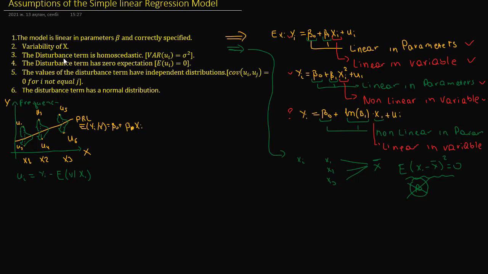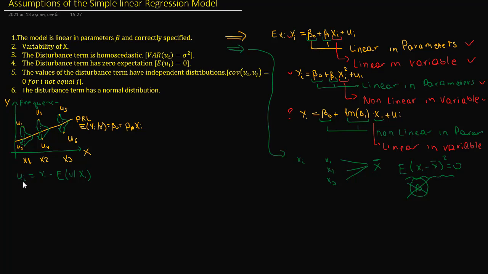The next assumption is that the error term should be homoscedastic, that is, the variance of the error term should be equal to sigma squared. The variance is constant. If we draw the graph with y and x, where y is the frequency and x1, x2, x3 show the conditional distribution on my axis, I calculate from my actual value to the expected value of y conditional on x, meaning to my mean.